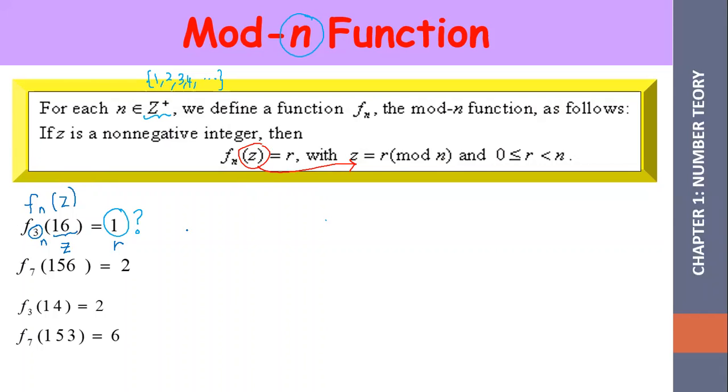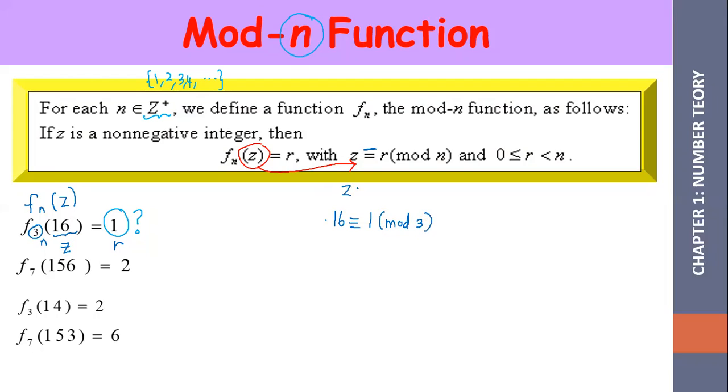It is actually like this. If you write here, this one should be 3. Sorry, should be 3. So it is actually 16 congruent to r, which is 1, mod 3.